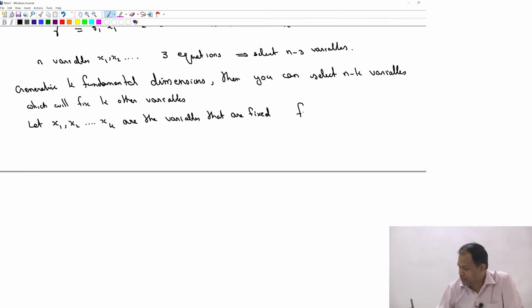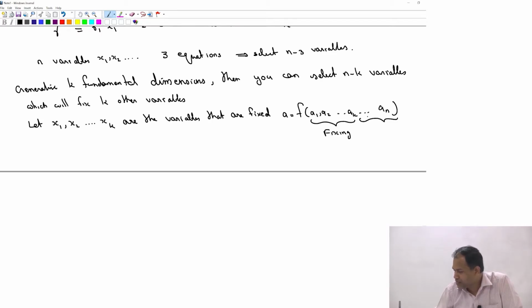Remember, our functional form is a equal to f of a1, a2, etc. up to an. I'm still going to be fixing these, and from k plus 1 onwards I am going to be independently choosing.